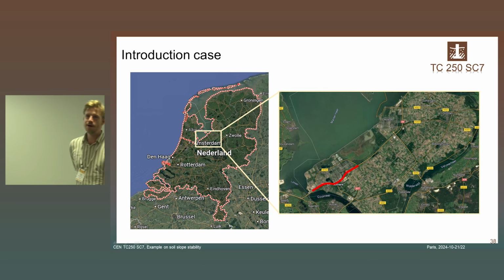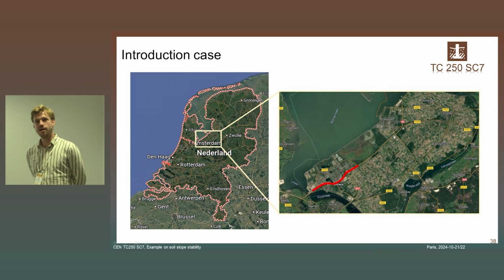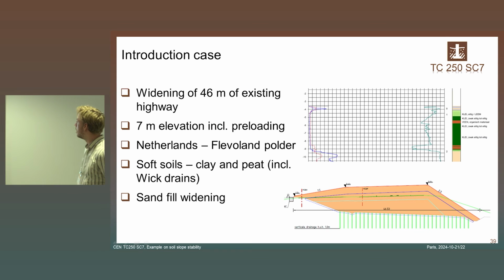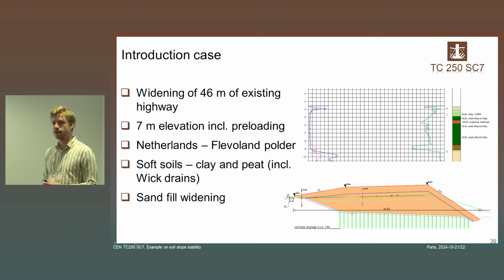So for the TGB1, we did a case on soft soil in the Netherlands. It's in the Flevoland polder, and it's characterized by soft soil conditions, a lot of clay and peat. As can be seen here, the top 8 to 10 meters consists of clay and peat, followed by the denser sand layer.